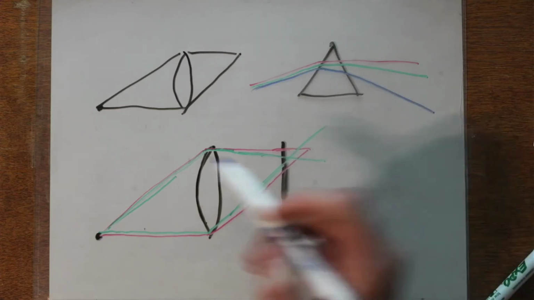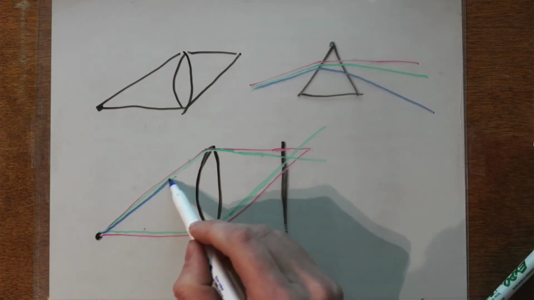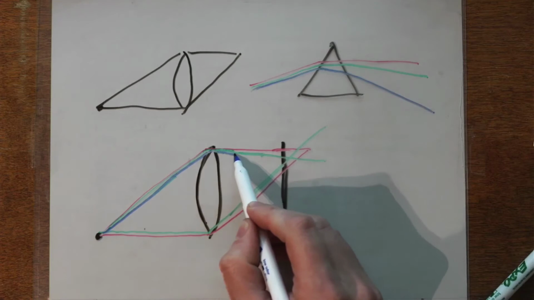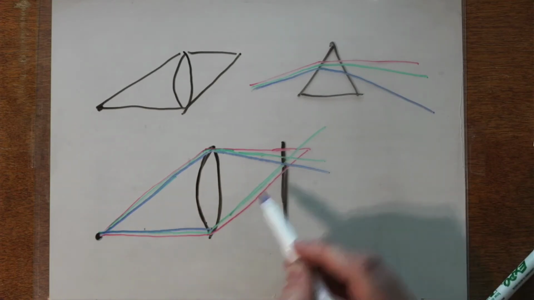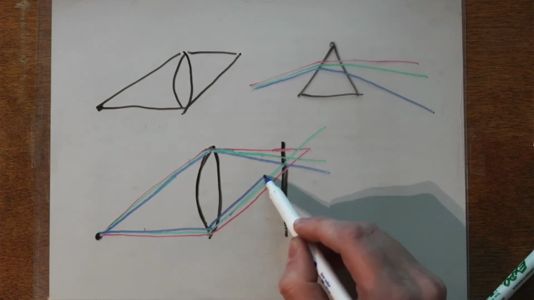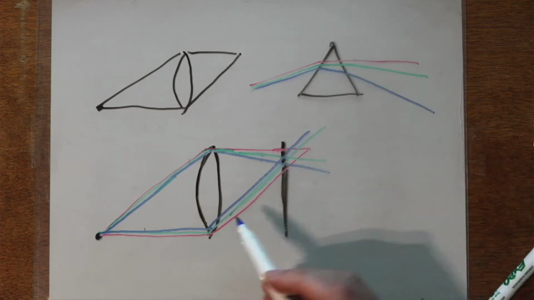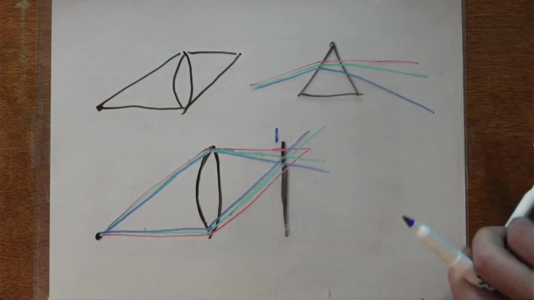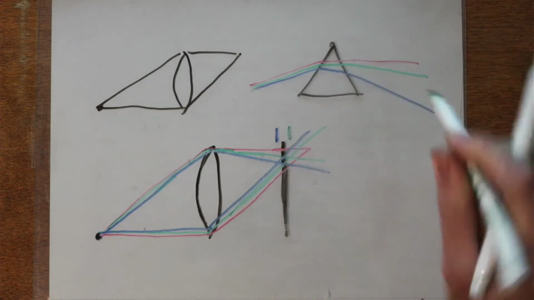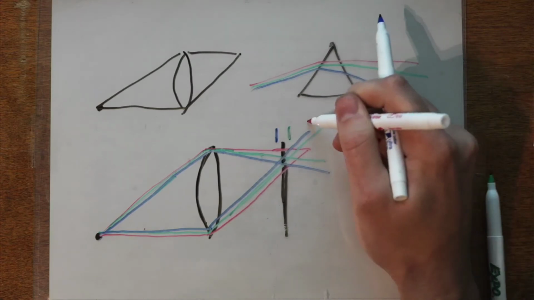Now we're going to have a blue that bends a lot. I think you can already kind of see the problem here. Blue is focused here, green is focused here, red is focused here.